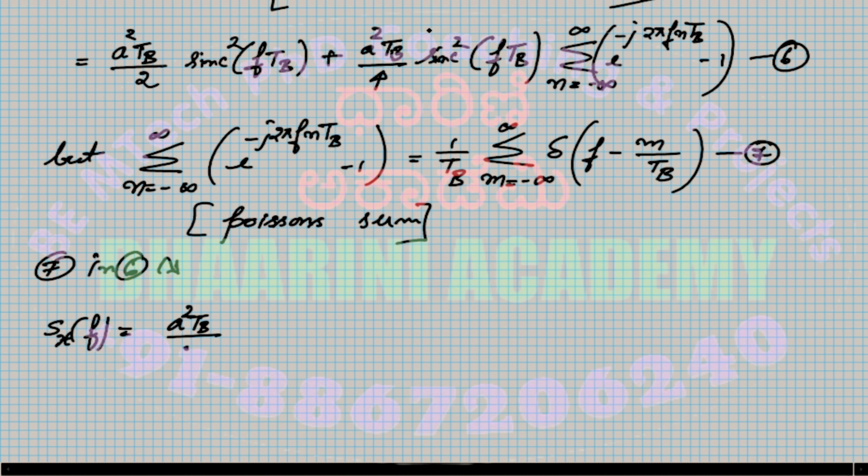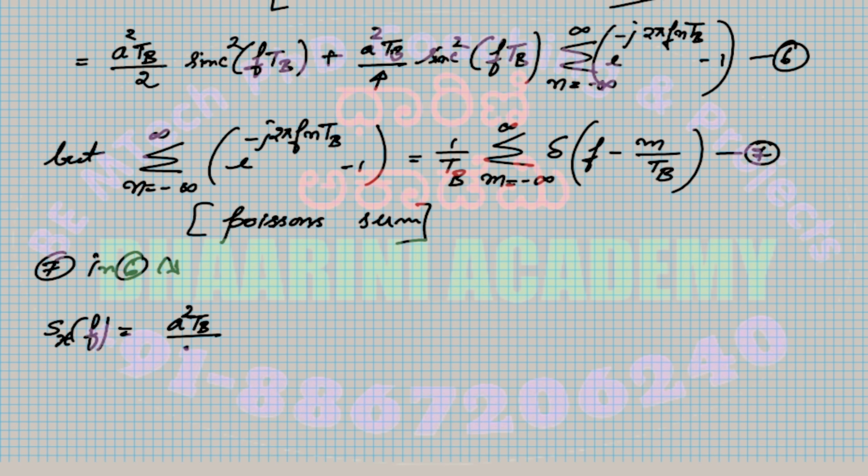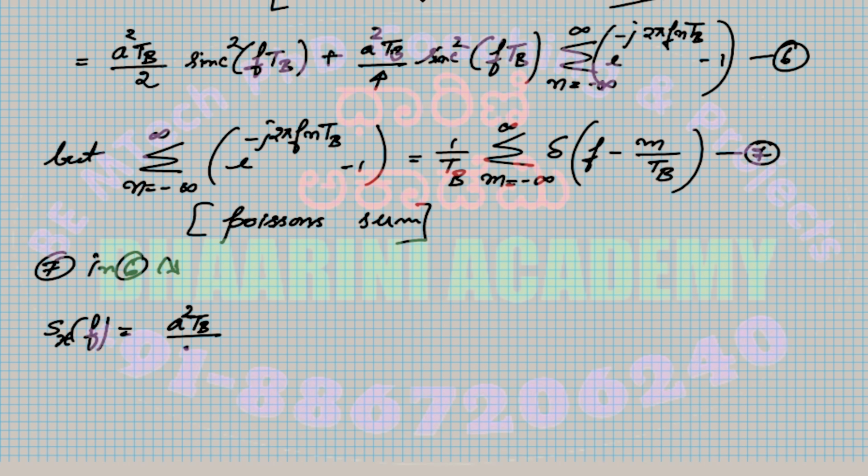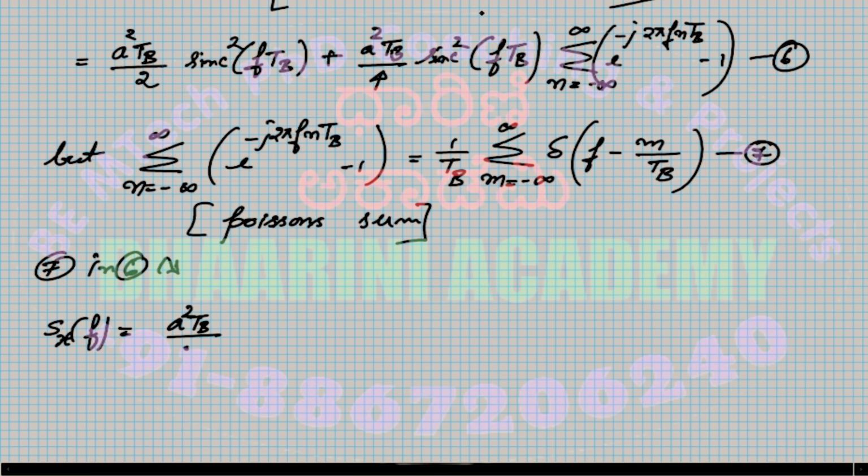One second, one second. I think I missed a square. Sorry, there is a small mistake in my calculation. What I do, I will multiply this summation plus 1 and minus 1. Let's make a small change. There is a minus 1 here. I should not include it.